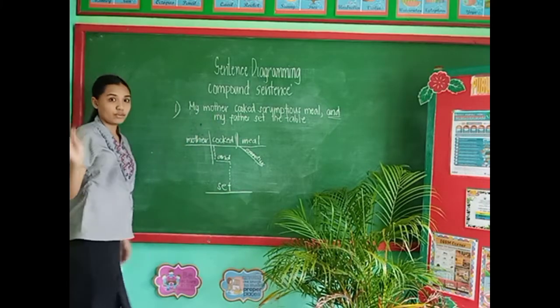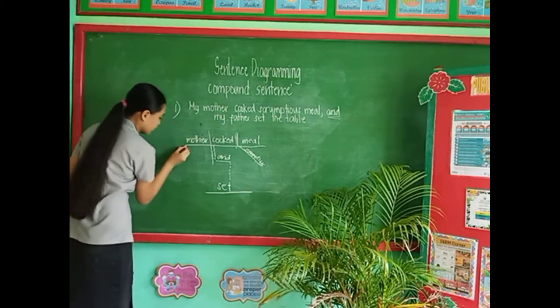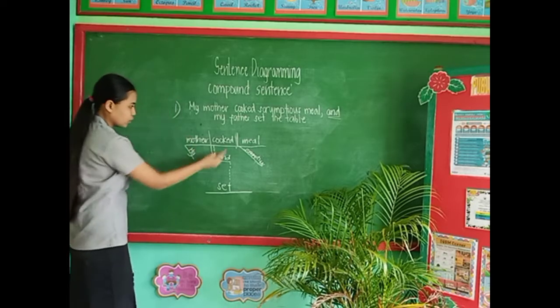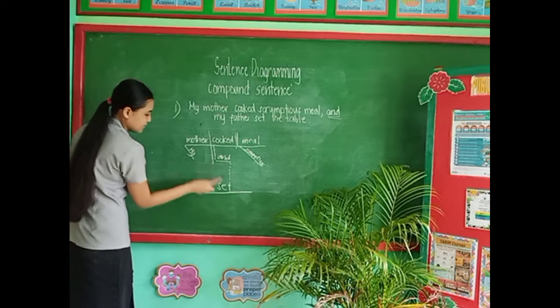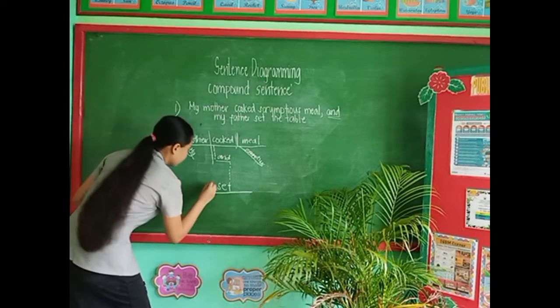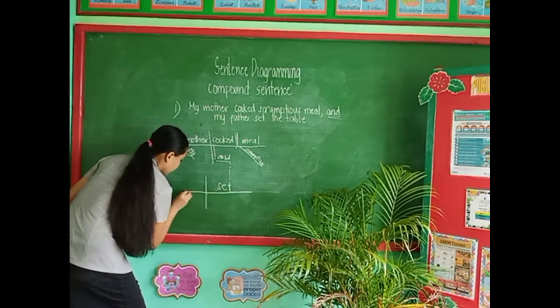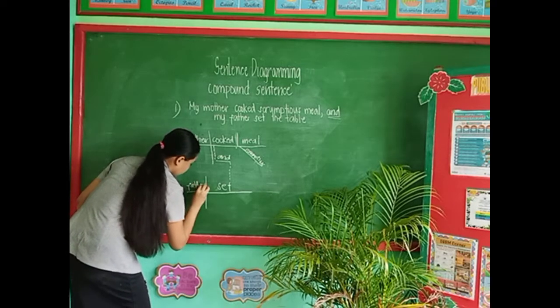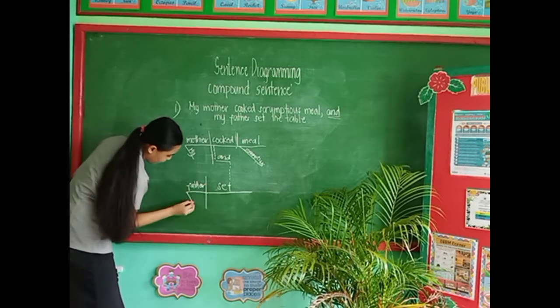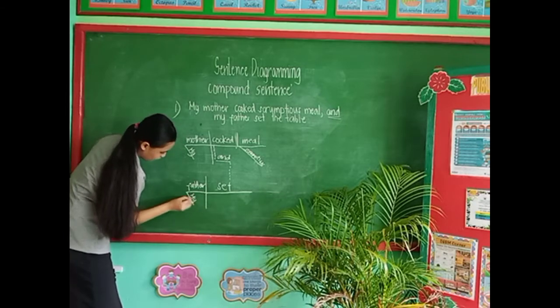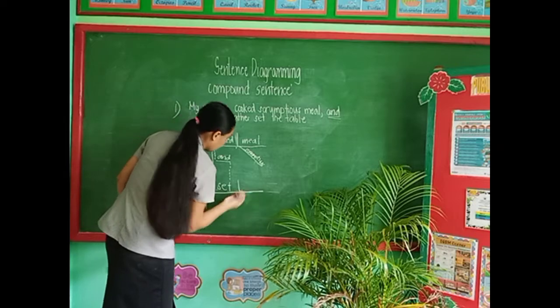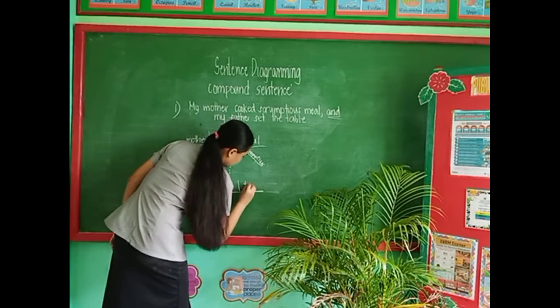Oops, we forgot to put the word my. So, my will be here. My mother cooks scrumptious meal, and then the word father. Father will be here. So, like this, my father, the subject, set what? The table.